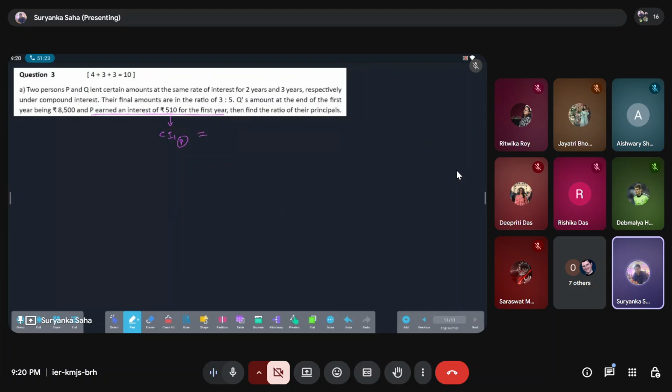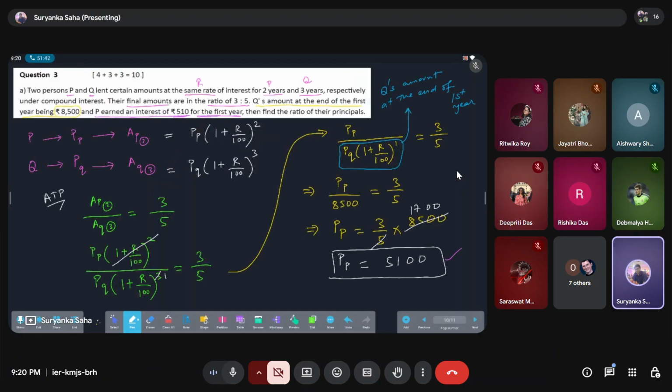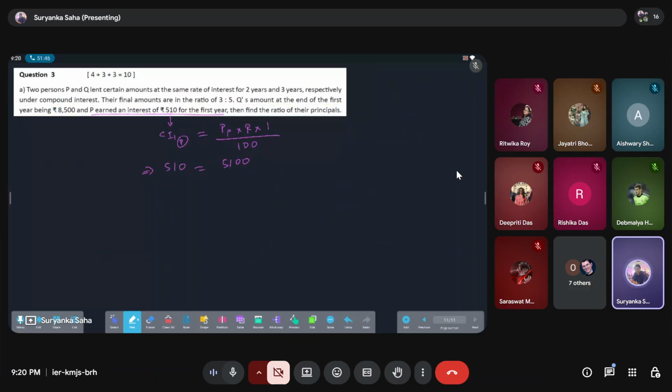This will be PP, the principal of P, into R into 1 year, at the end of first year, by 100. So this value is 510. So I can write 510 equals PP, 5100 which you found in the last slide, into R into 1 by 100.